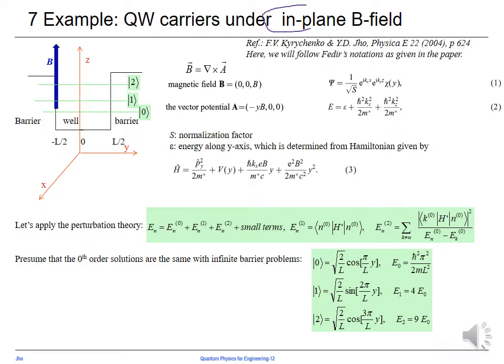Now we'll consider magnetic field. So this is actually a very short paper of mine in old days. So here we use the perturbation theory, and then we solve extremely difficult problem by using very simple perturbation.